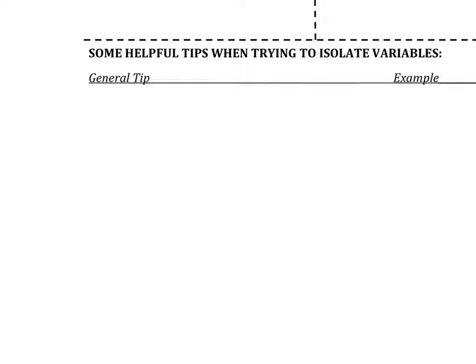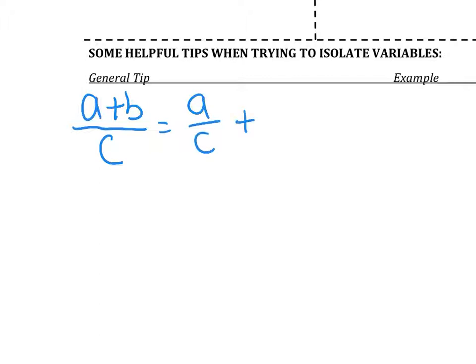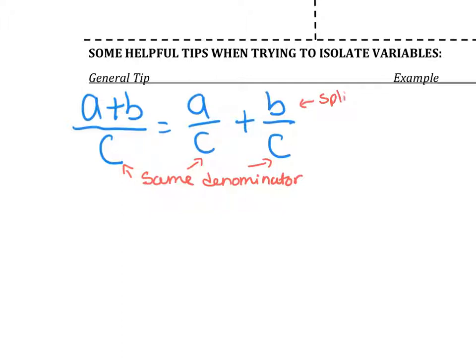So just like we did at the end there, when we have some addition or subtraction happening in the numerator, all over our denominator, we can split that up. Basically, we're unadding fractions. So again, same denominator, we're just splitting up the addition.